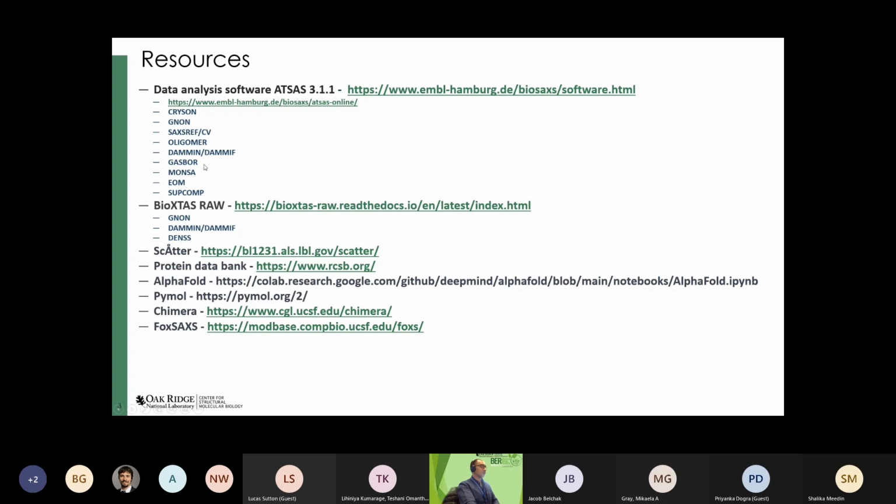GASBOR is more like a chain-like model of your protein. Basically, you assume you have a chain sequence of residues, and then you can propose some kind of conformation that the chain is going to assume based on the data.